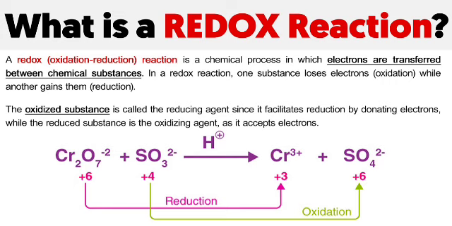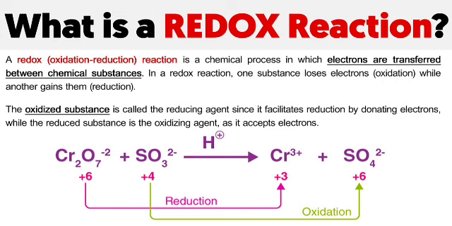So a substance cannot be oxidized unless another substance is present to accept or gain the electrons, which means another substance is reduced. So you see, oxidation cannot happen without reduction, because elements don't just throw away their electrons.